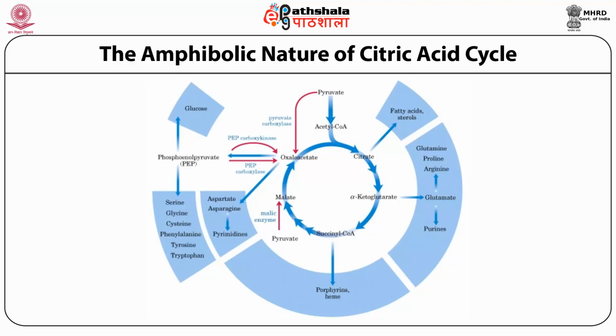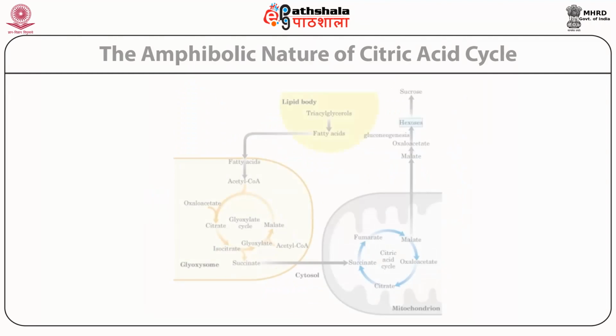This pathway is utilized both for catabolic reactions to generate energy as well as for anabolic reactions to generate metabolic intermediates for biosynthesis. If the citric acid cycle intermediates are used for synthetic reactions, they are replenished by anaplerotic reactions in the cell, which are indicated by red color in the figure.